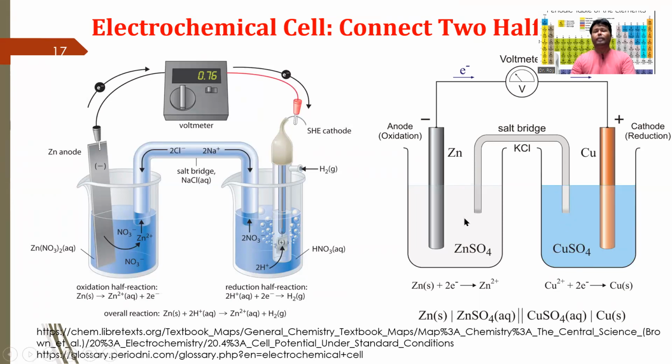So actually two different electrodes and two different or same electrolytes. One electrode and one electrolyte is called a half cell. Another electrode and another electrolyte is another half cell.